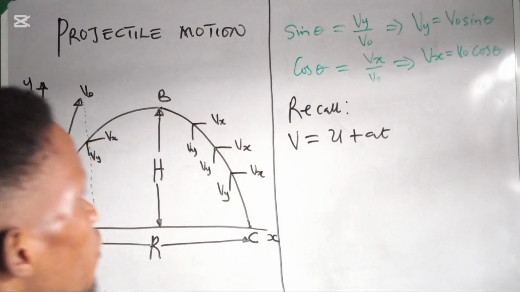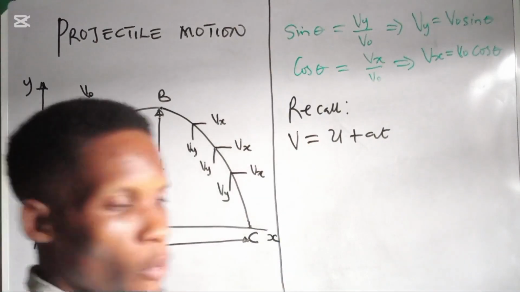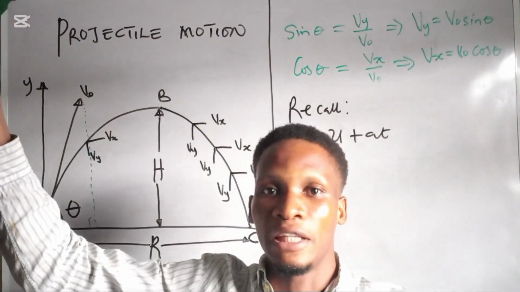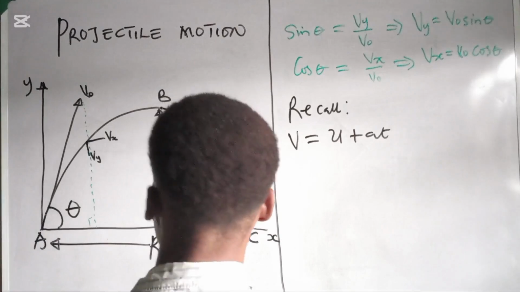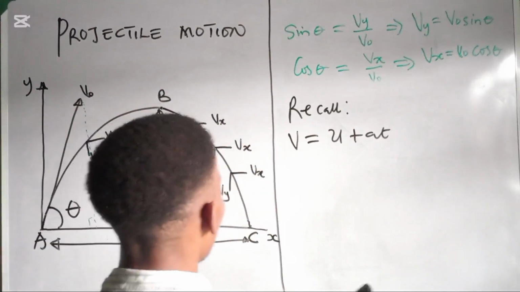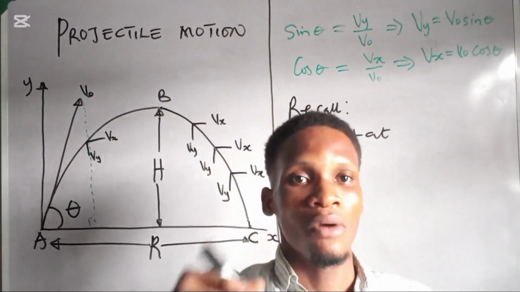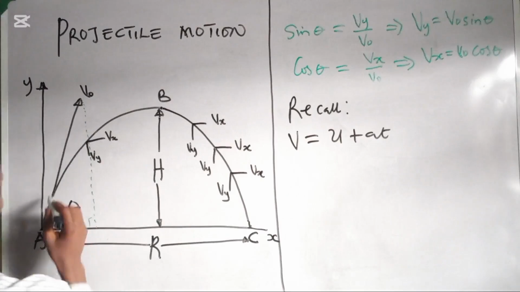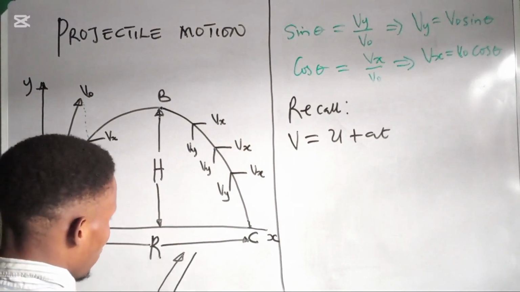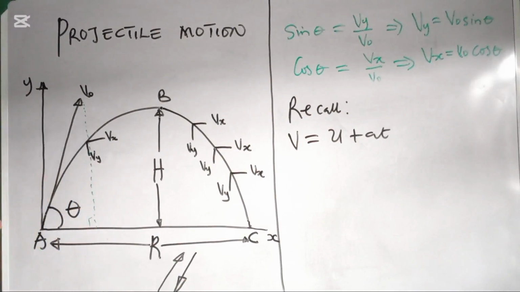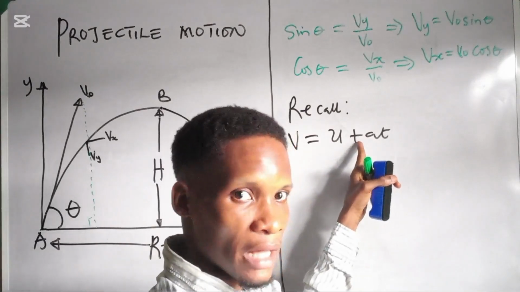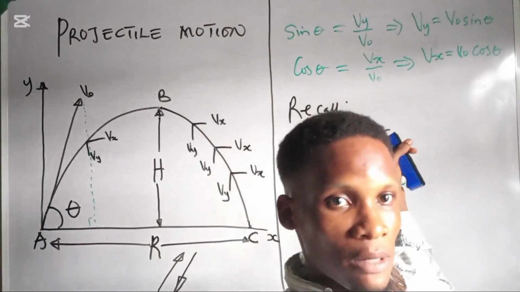But because we are considering the action of gravity here, when you project the body, it goes up, and the force of gravity acts on it, pulling it downward. So we need to change the sign here.